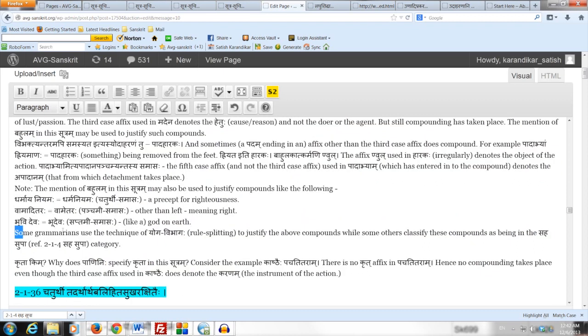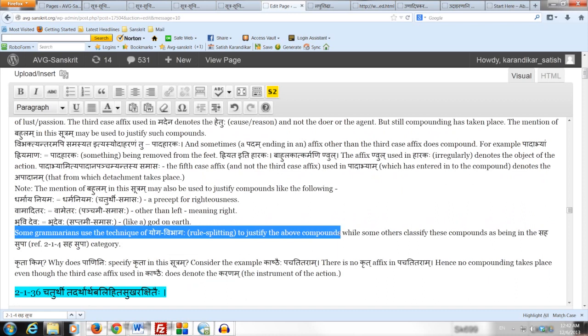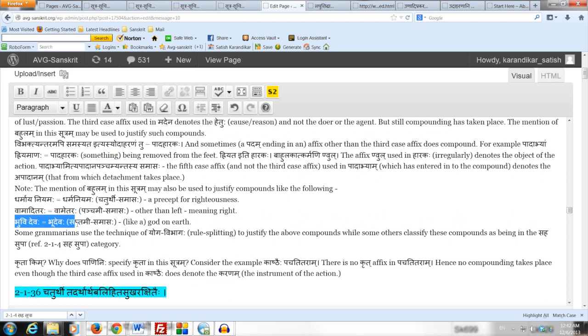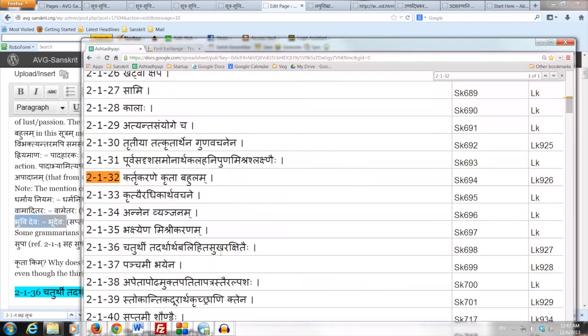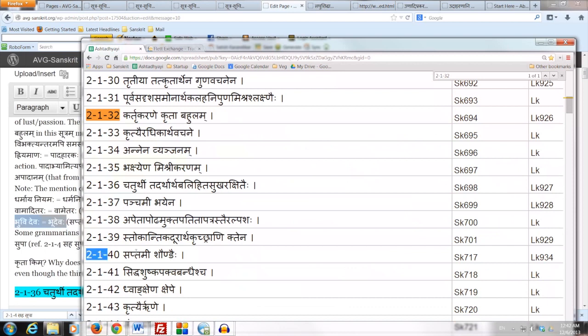Now some grammarians use the technique of yoga vibhagaha, rule splitting, to justify the above compounds. For example, consider the last compound bhuvi devaha equals bhudevaha. We take the sutram 2140, which we'll be studying shortly, saptami shaundaihi, and split that sutram into two parts: Saptami as the first part and shaundaihi.